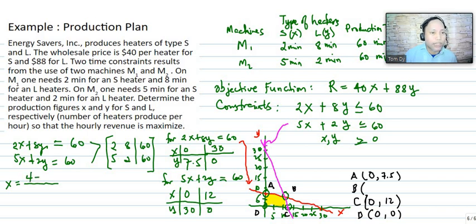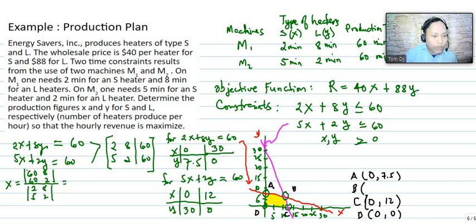No, that is not our solution, but I will rewrite it again. So 60, 60, and then 8, and 2. The denominator is 2, 5, 8, 2.